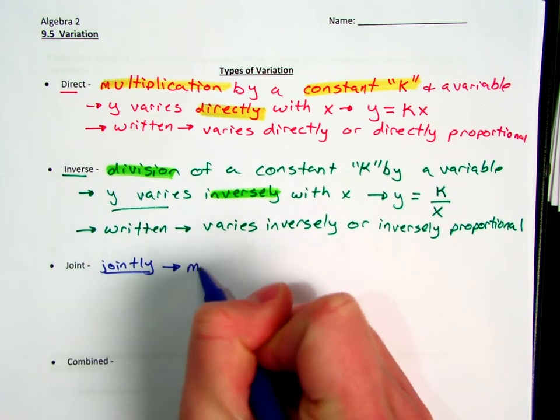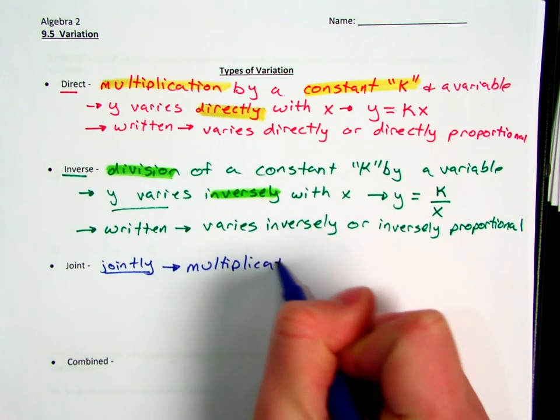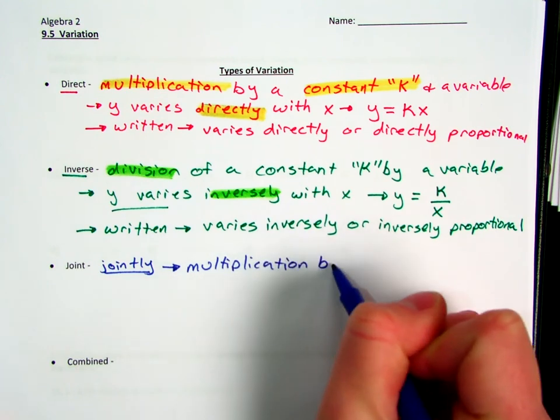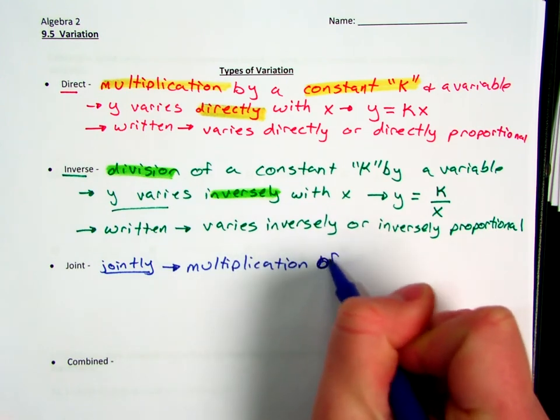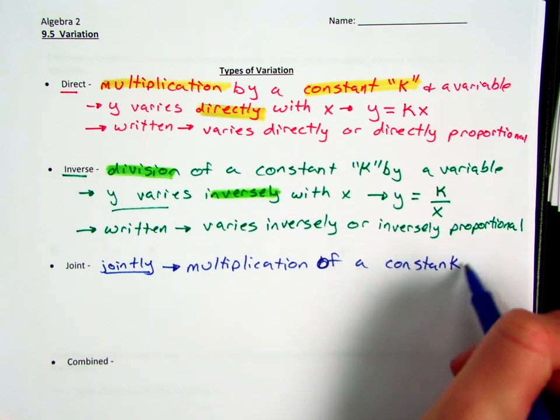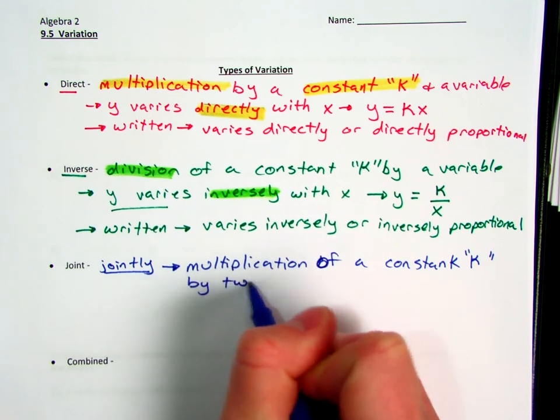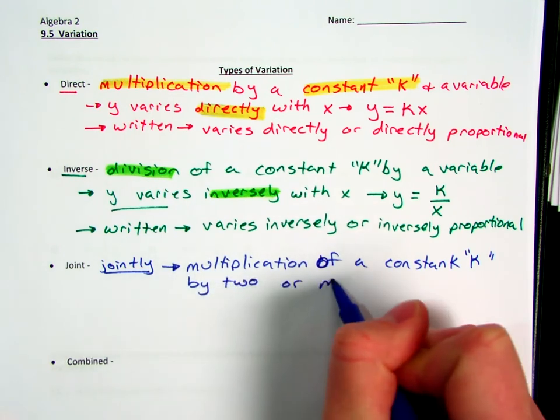And it is still going to be multiplication. Just like direct, it's multiplication of a constant k by 2 or more variables.